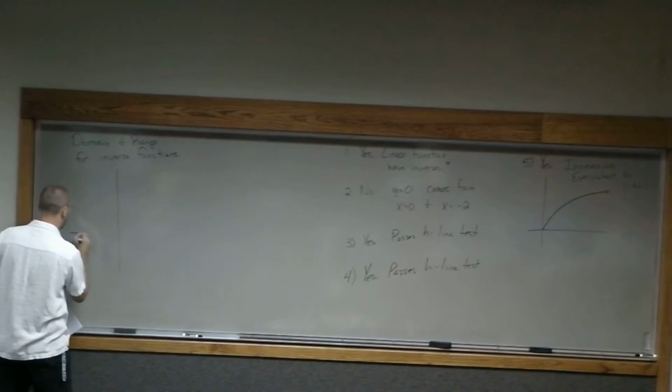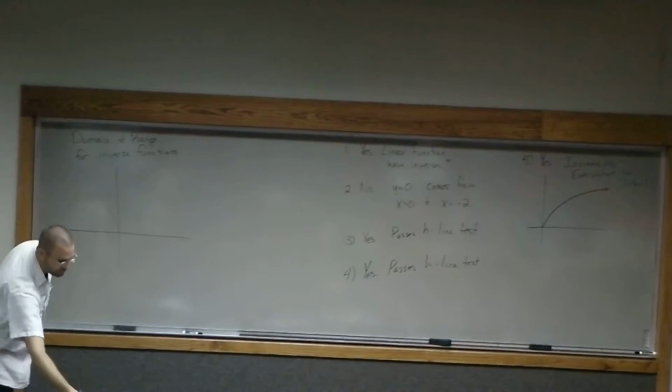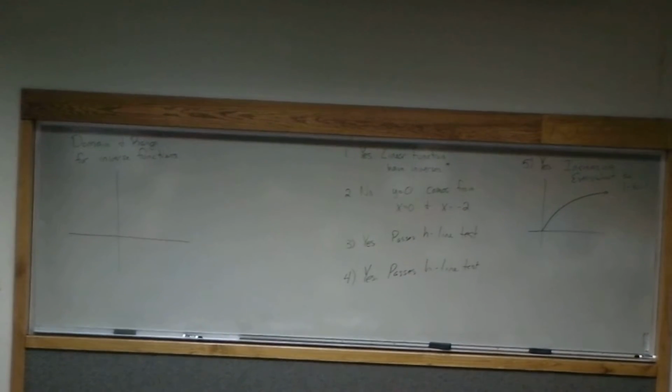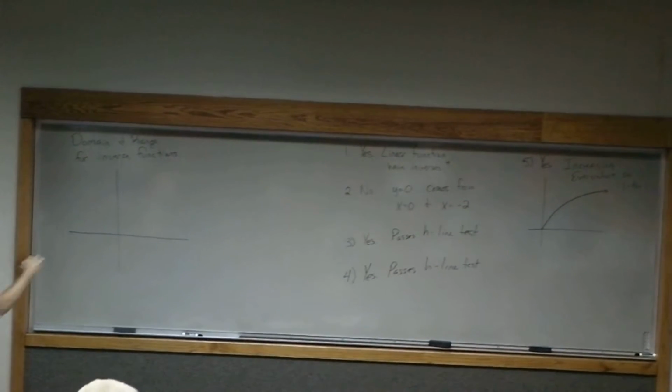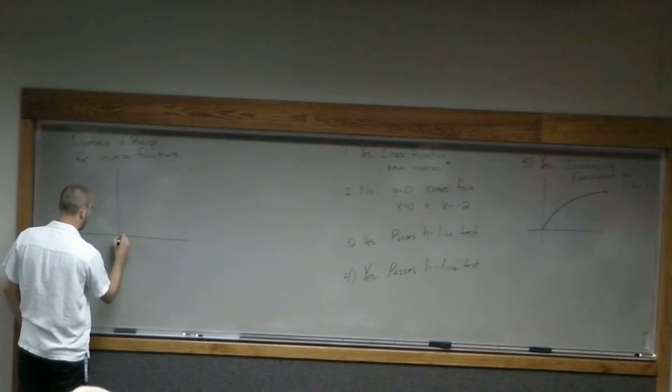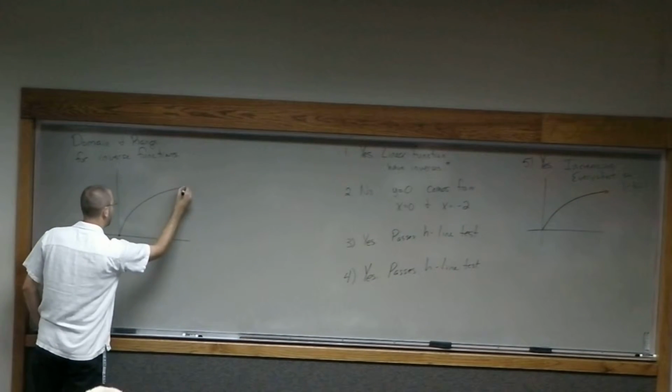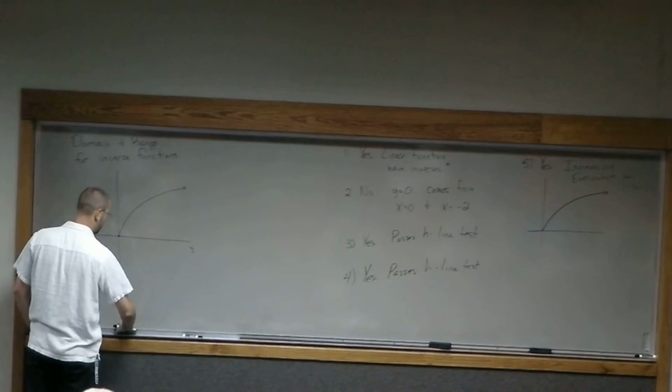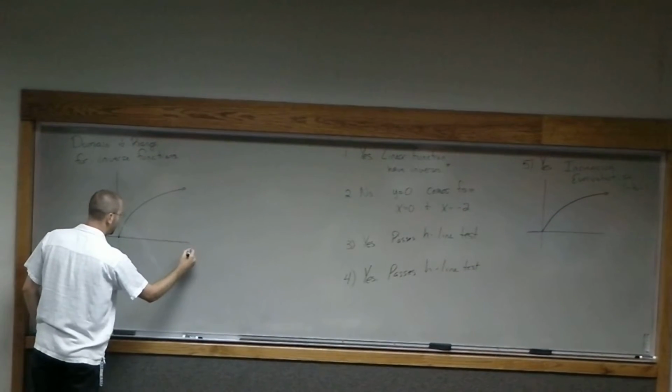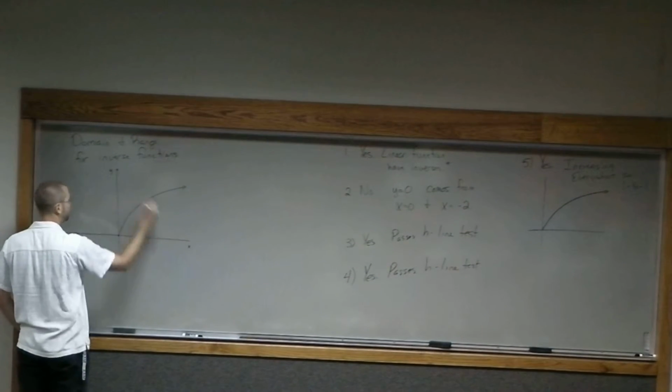And we're going to motivate this with a picture of a function, and, well, we might as well just use that square root function for now. Here's our 1, x, y.